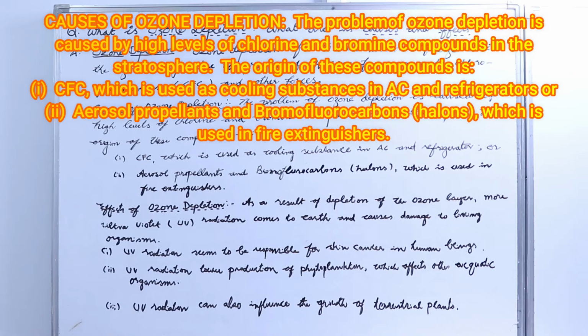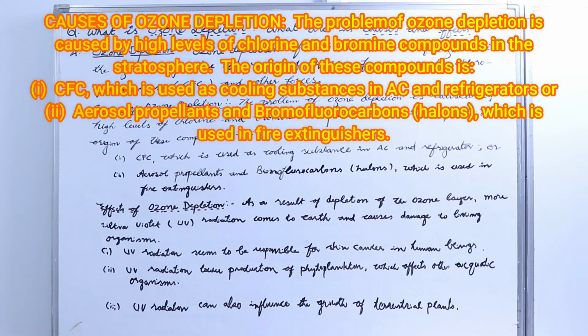Every air conditioner has CFC, chlorofluorocarbons, in air conditioners and refrigerators, or aerosol propellants, and bromofluorocarbons, that is halogens, which are used in fire extinguishers.